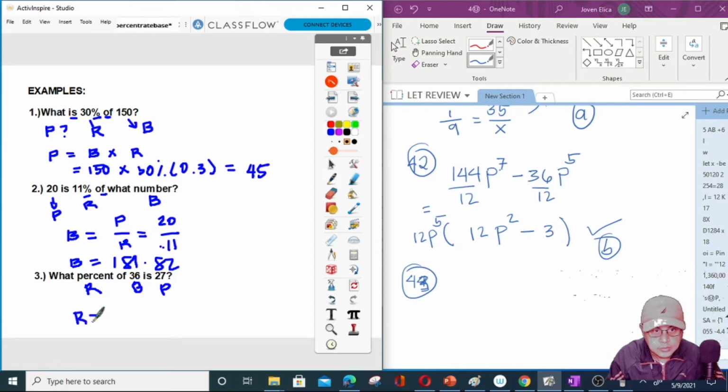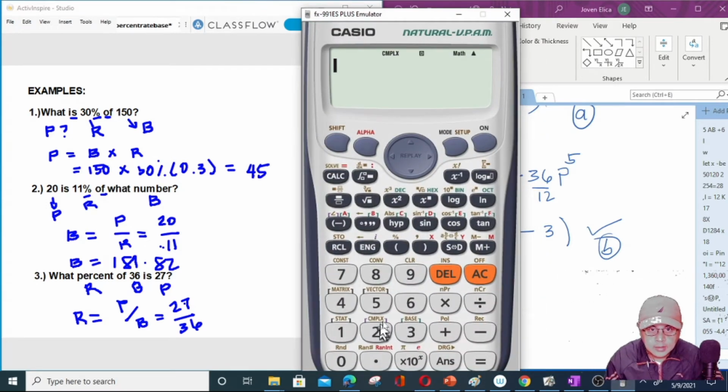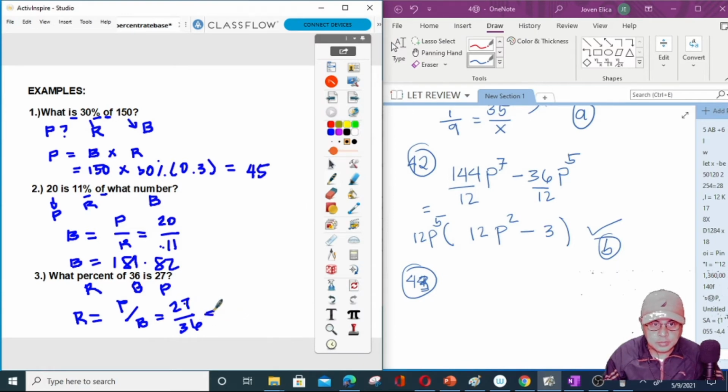So rate is equal to P over B, 27 divided by 36, which is 3/4, which is also equal to 0.75.